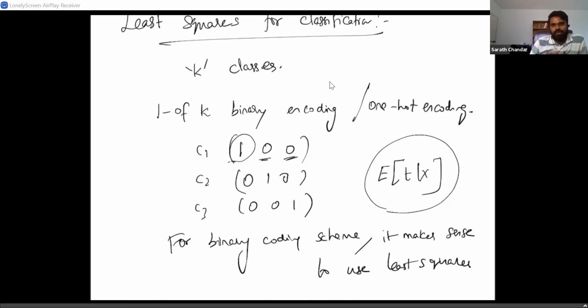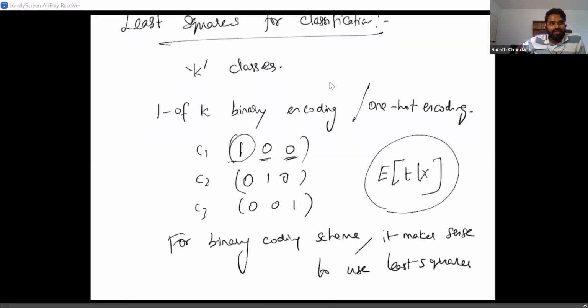However, there is a problem here. In the case of least squares, it is just a linear model, so the y can take any value that it wants to take. In some sense, it's like a discriminant and it produces a y, and the y could span the entire line.